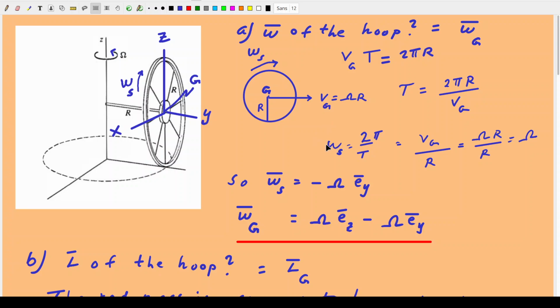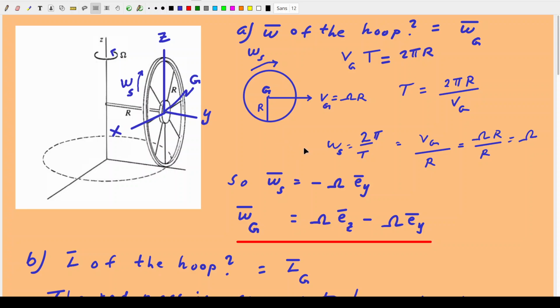And we know the formula for angular velocity, 2π over T. Then we can insert this, and since the velocity is capital omega r, we get the final result here, that this angular velocity, that's the omega for the wheel spinning around the y-axis, must be the same as the capital omega, which is over here.